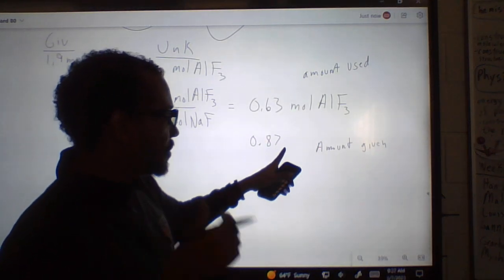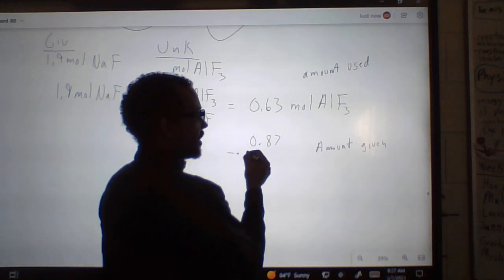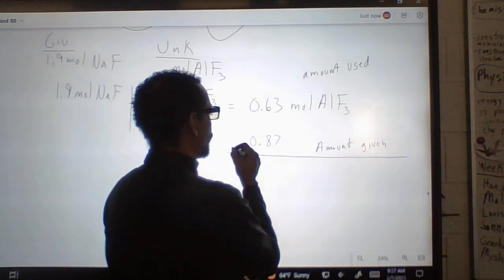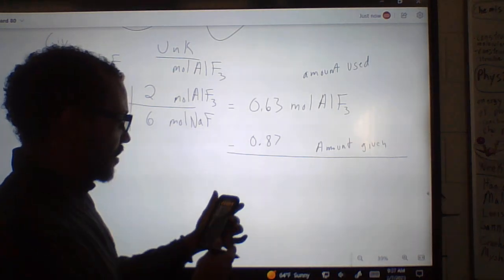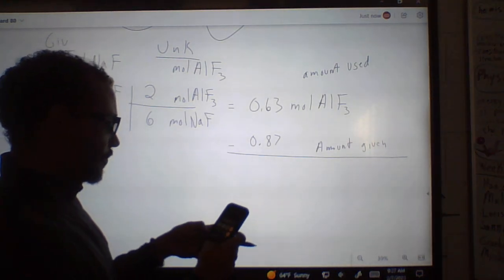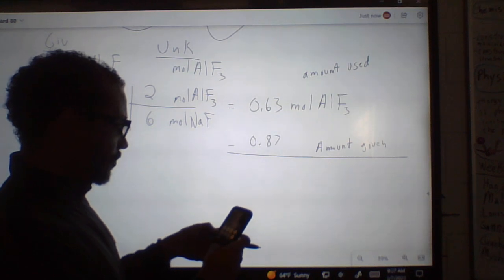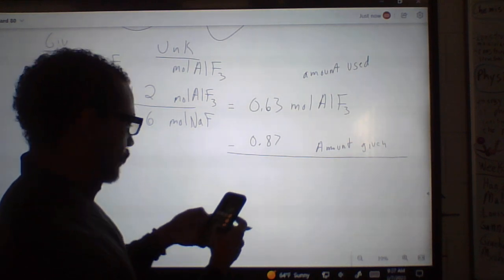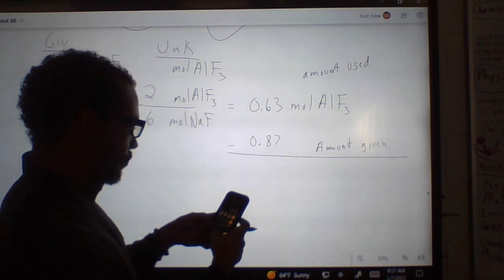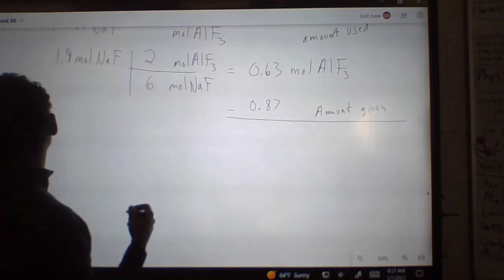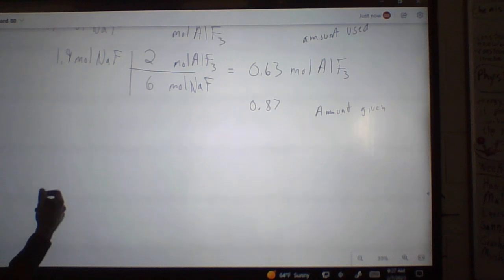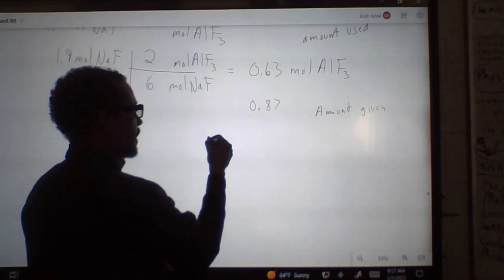This is the amount that was given in the reaction. So I can just take the difference of both of these. I can just subtract. It's going to be vice versa. I'm just going to take the negative sign off. All right, so now I'm going to take the amount that I was given.